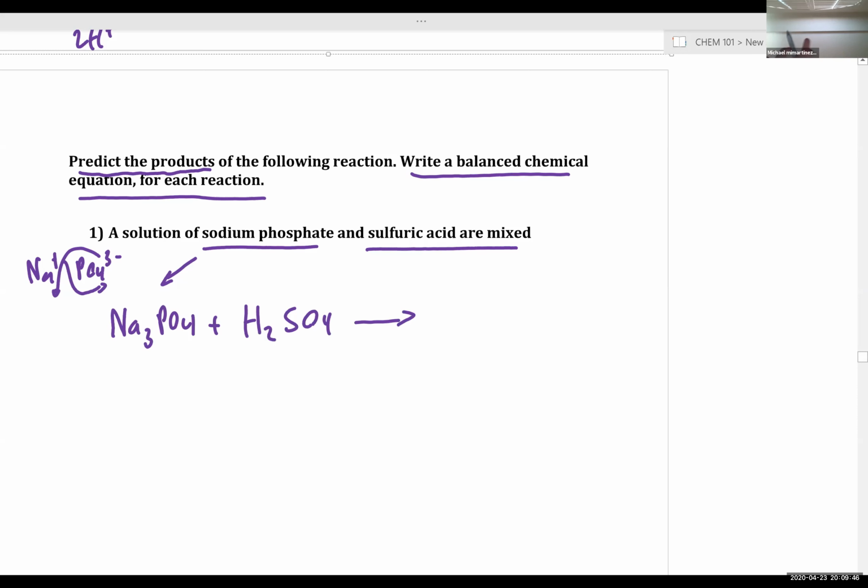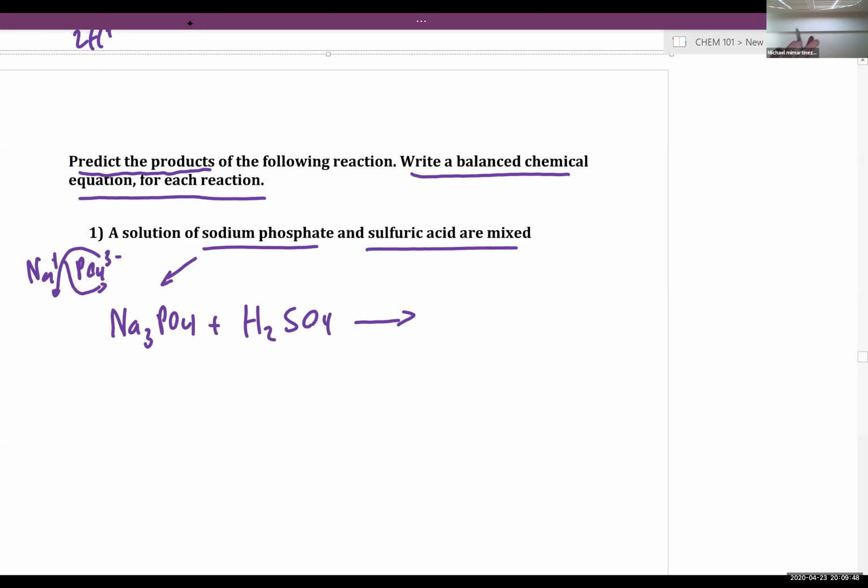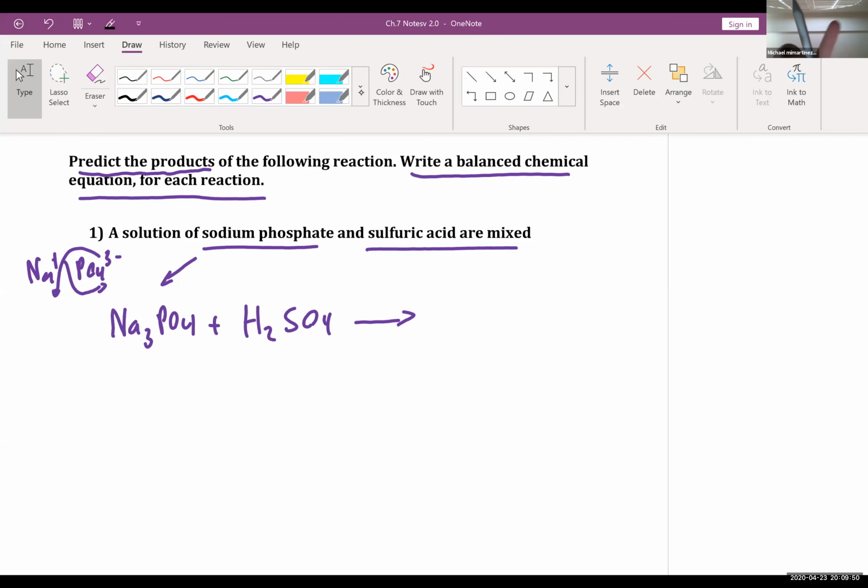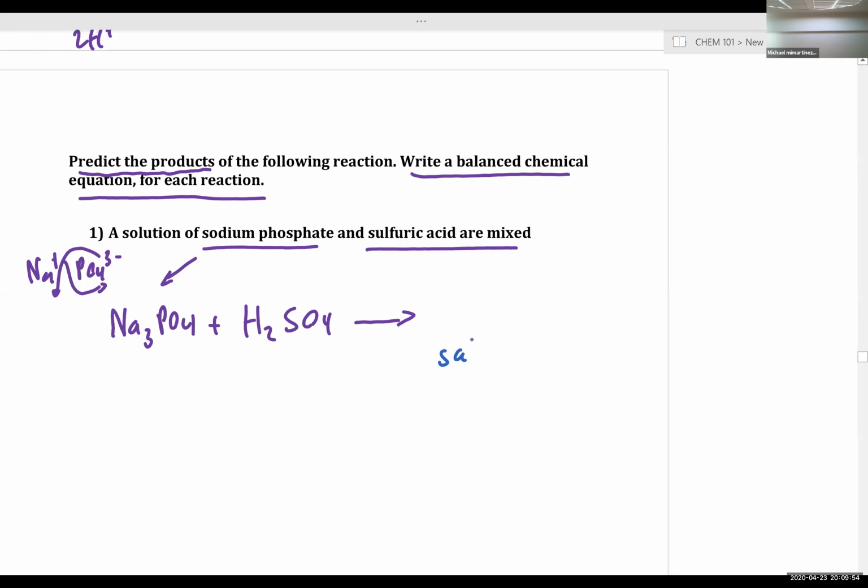Okay. And now this is another trick that we're going to use. In acid-base reactions, we generate a salt plus a conjugate acid, okay? Let's rewrite the salt in a way that we can visualize this.